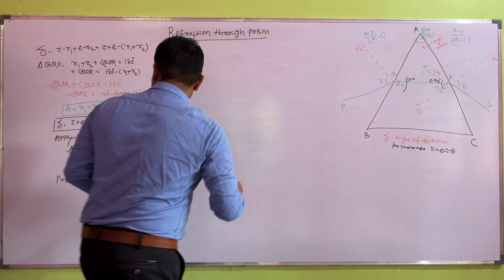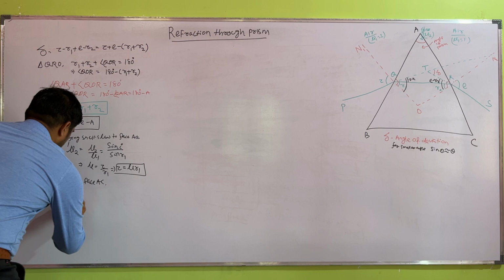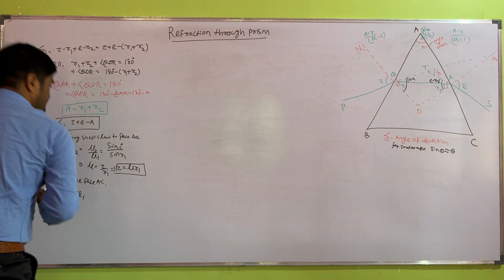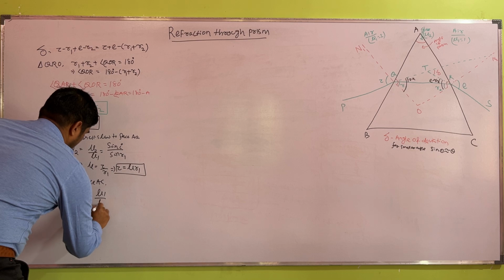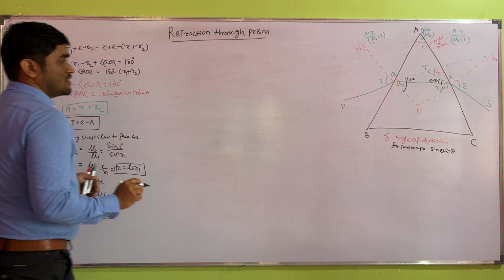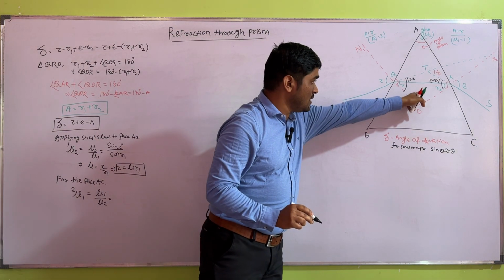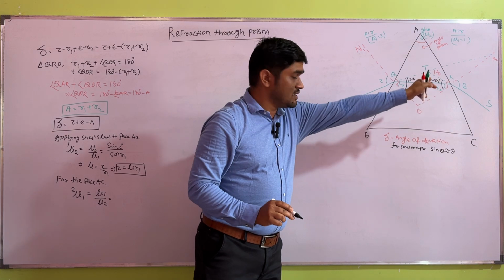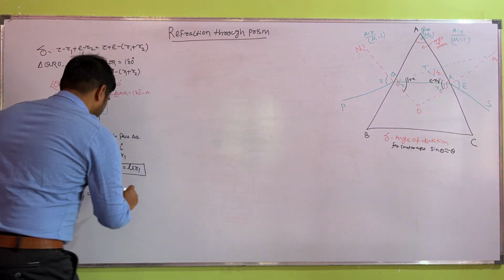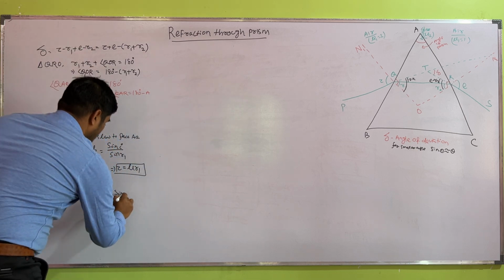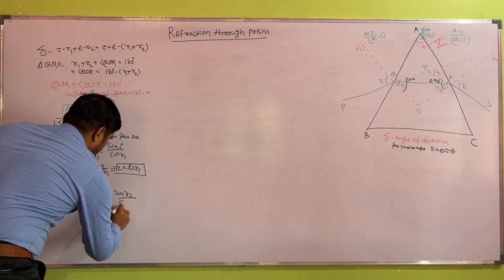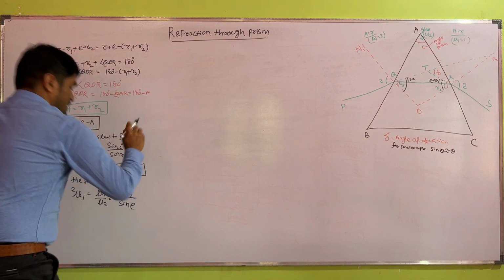So we have to write mu12, that is equal to mu1 divided by mu2. Here the angle of incidence is R2 and the angle of emergence is E. So this will be sine R2 divided by sine E.